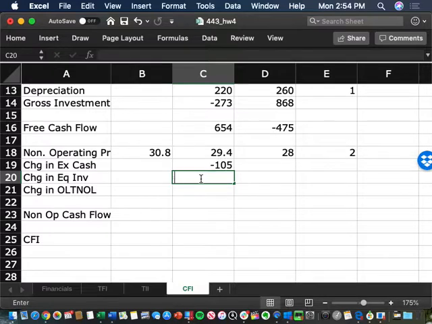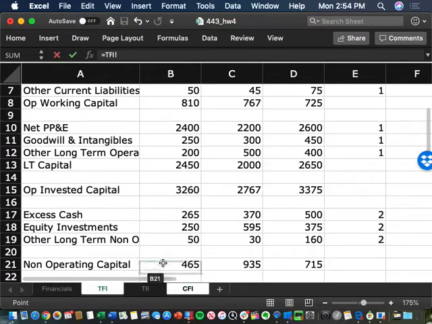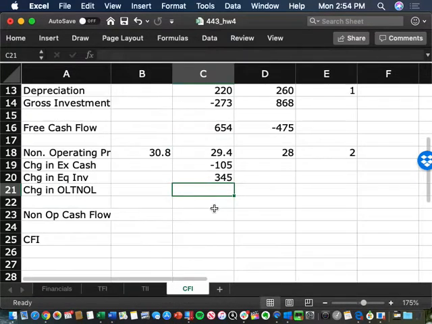Change in equity investments. I bought more stakes in other businesses. Matter of fact, I paid an additional $345 to buy those stakes this year. Did that add to the cash that I could pay out to investors, or did that take away? Should this be positive or negative? It's a CFI.